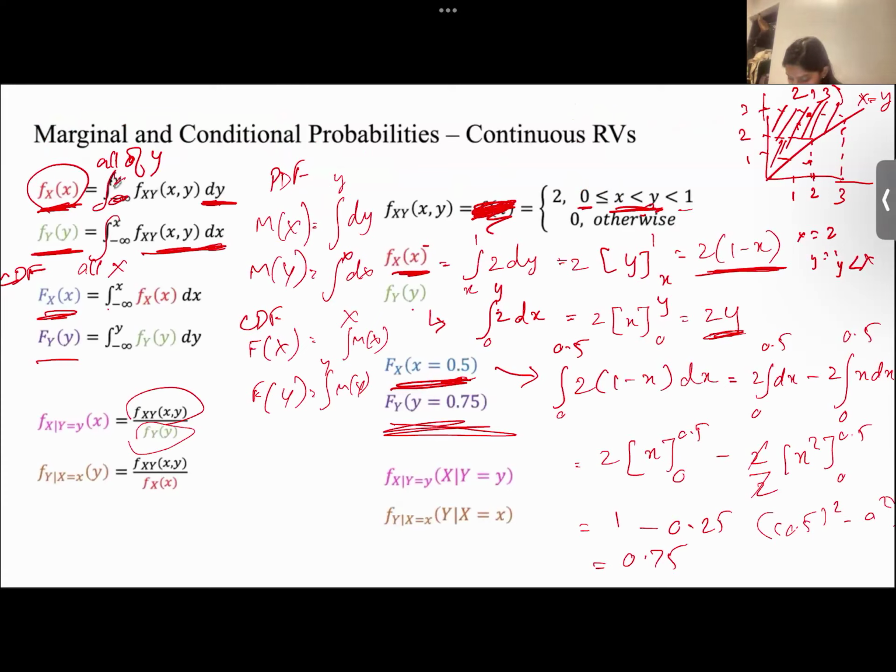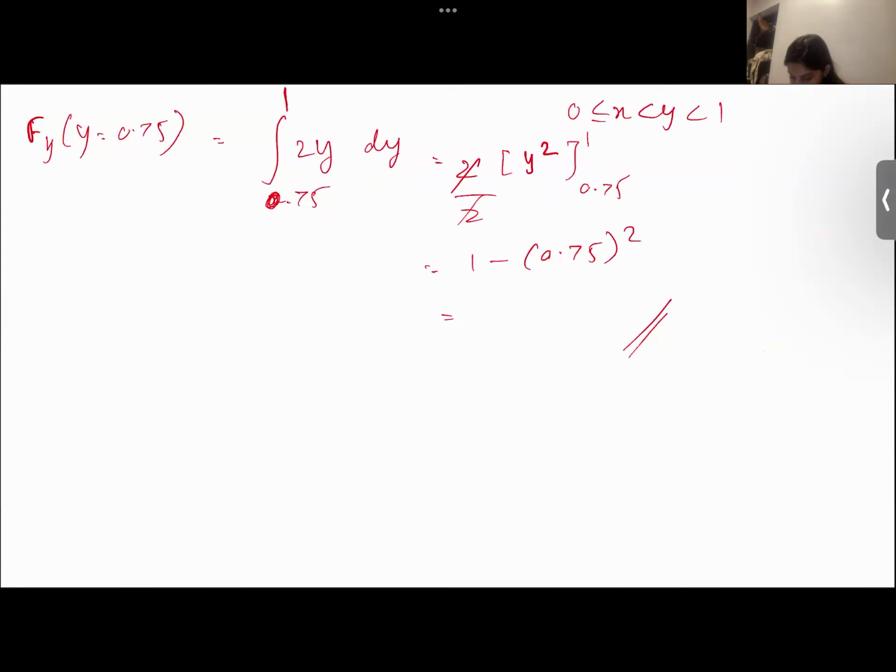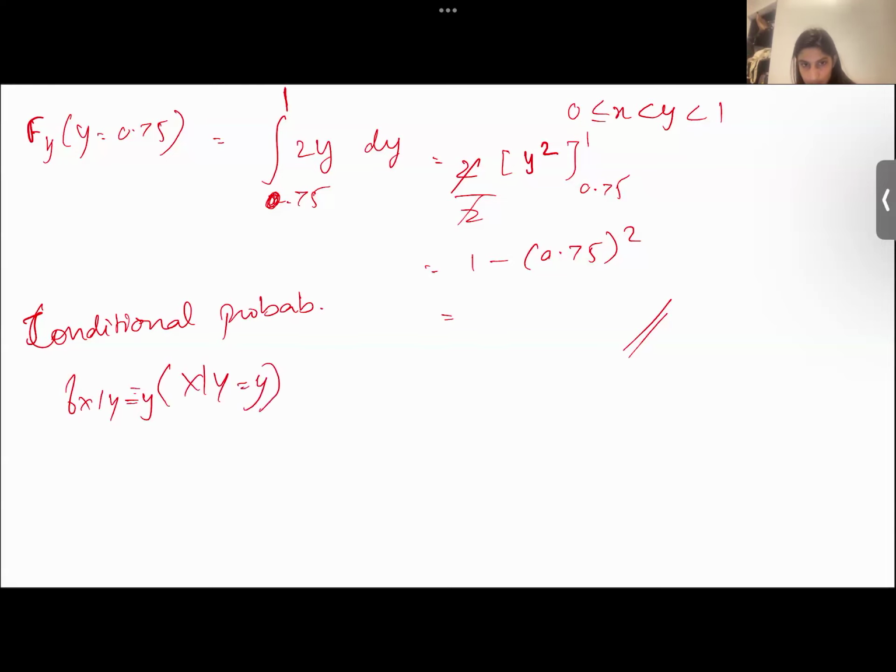And now next, conditional probabilities. We had f of x given y is equal to y. So this can be given as, the joint probability was 2. So this is your joint probability, that is 2, divided by the marginal probability of y.